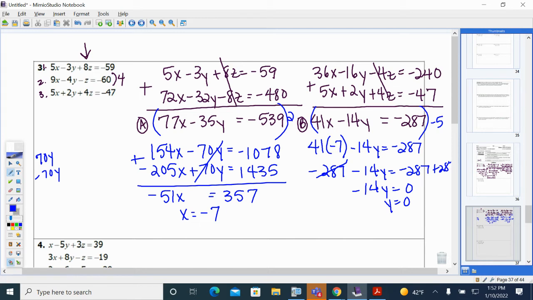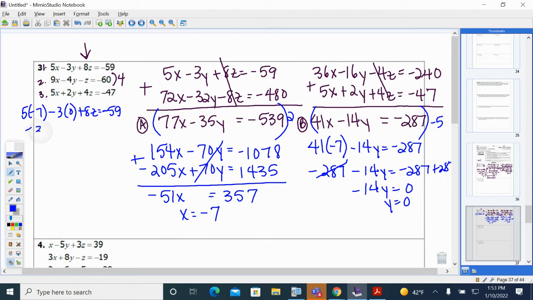So I have the x. I have the y. I need to find the z. I'm going to plug that into one of these three original equations. Pick one. I'm going to use equation number 1. X is negative 7, so I've got 5 times negative 7 minus 3 times y, which is now 0, equals negative 59.